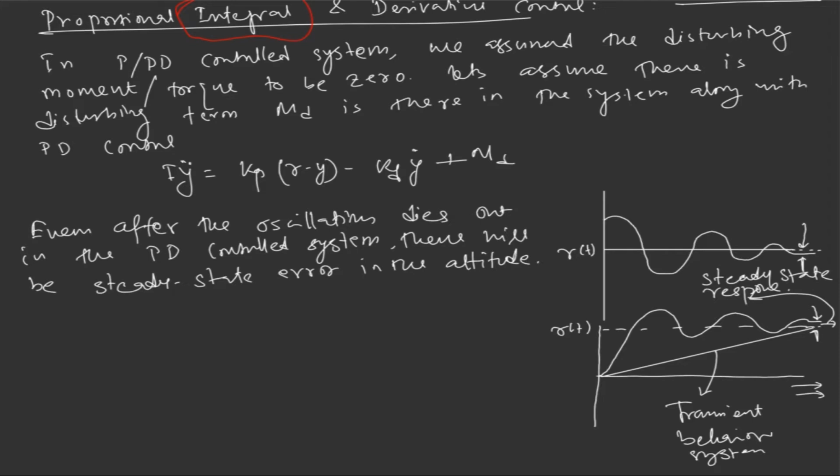This is the problem that happens in the PD control system if there is a disturbance. Or I should not say only disturbance, there can be other issues like this that arise in the system. Now, how to tackle these issues? Let's work on it.